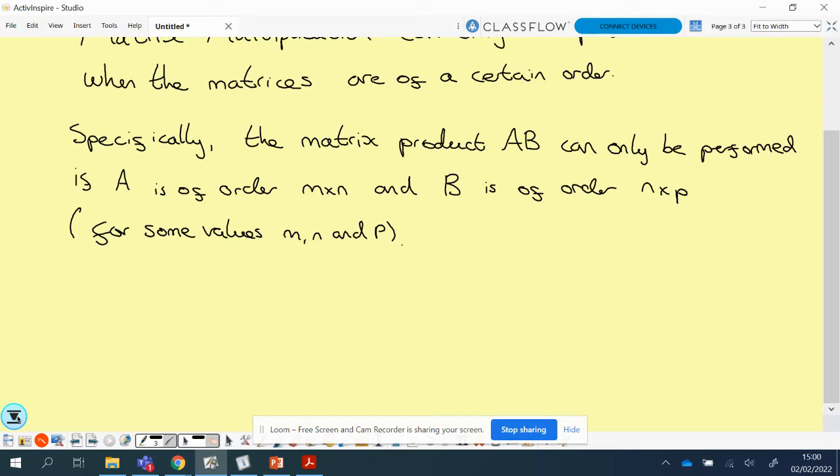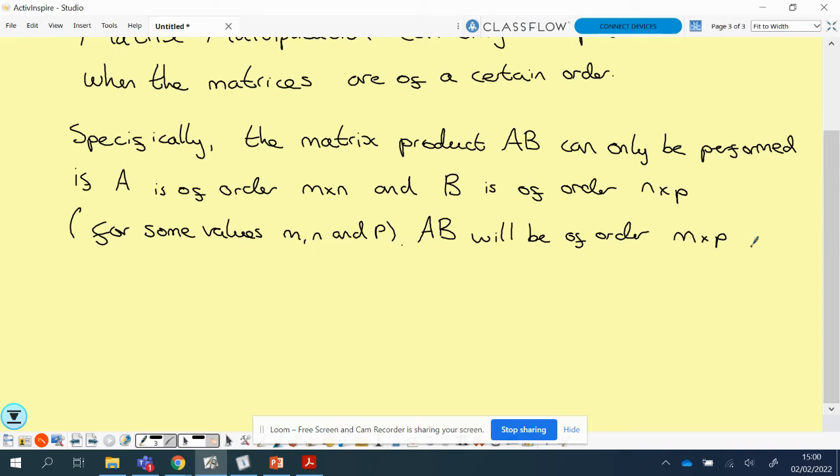So the actual result of AB, when you multiply this, will be of order m times p. That's the size of matrix we would end up with, which again were our other values in our orders. The ones on the inside have got to match, and what you're left with at the end of the answer is your outsides basically.